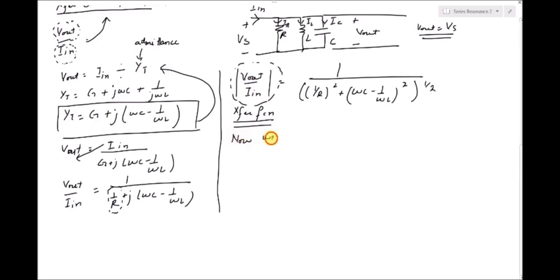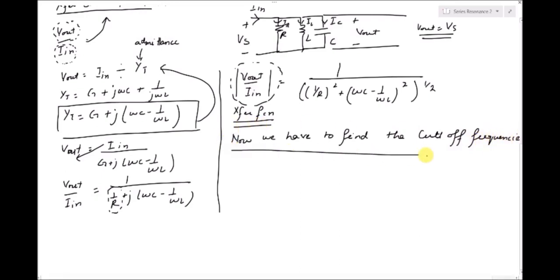Now we have to find the cutoff frequencies. If I have to find the maximum value of the transfer characteristic, that will be equal to R, because we will have the maximum response at omega naught.